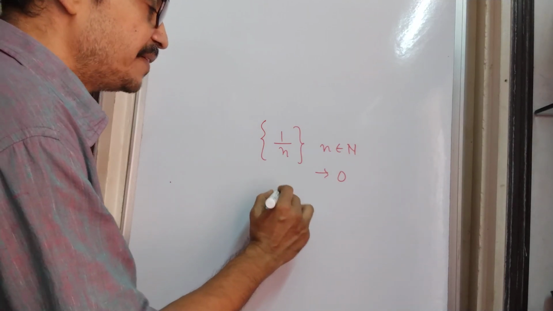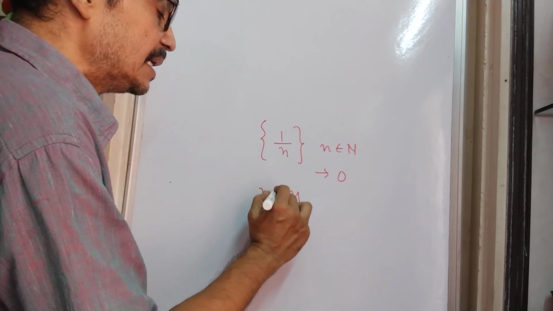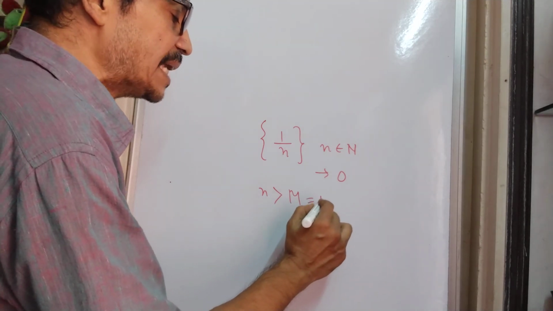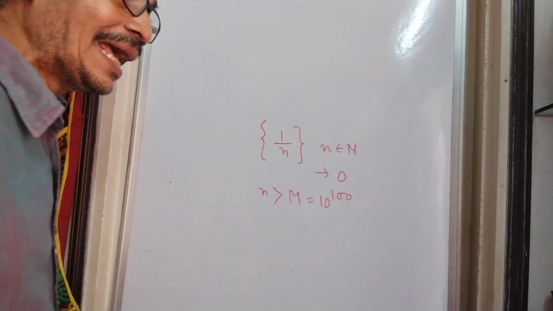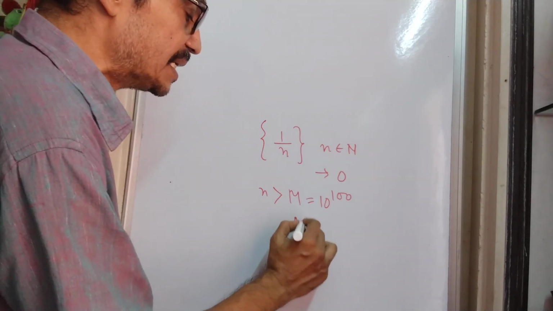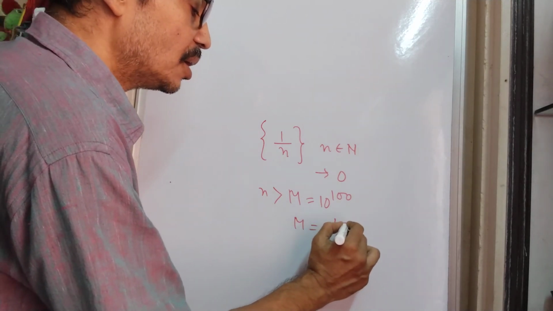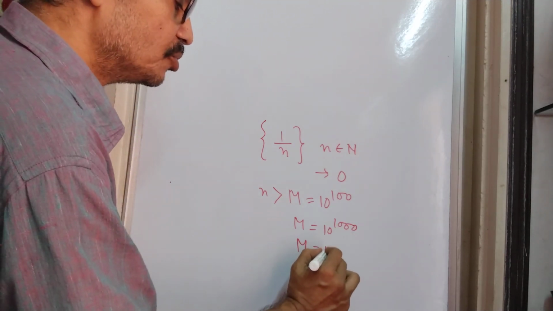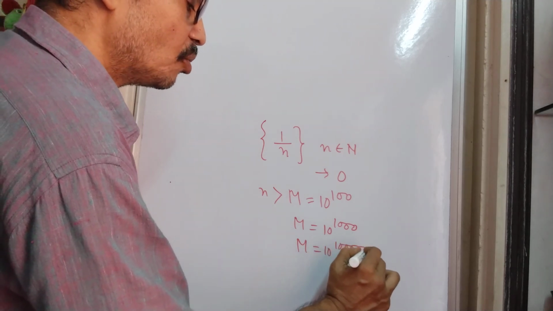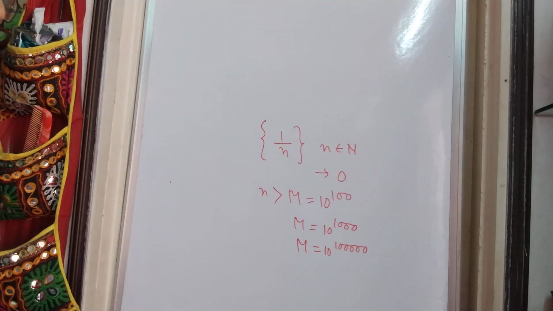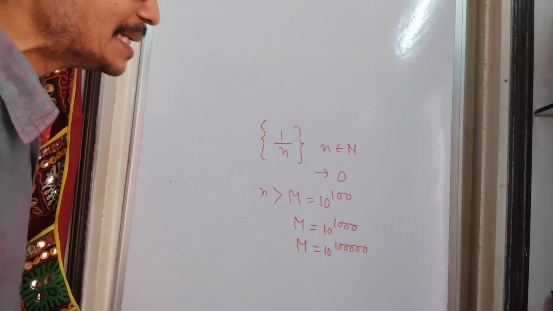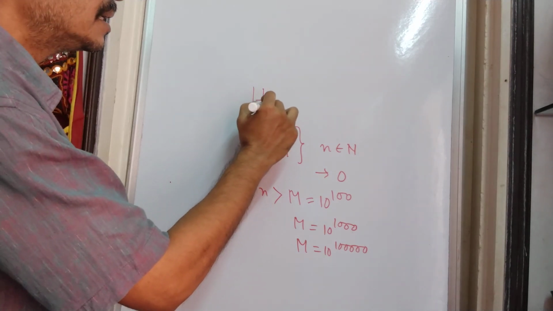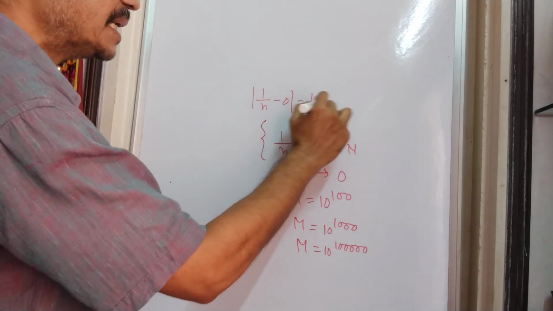And you can easily see that after a large value capital M, for all n which are larger than capital M, you may choose this M to be 10 to the power 100, and another person may choose this capital M to be 10 to the power 1000, and another person may choose this capital M to be 10 to the power 1 lakh. Whatever value of capital M you choose, you can easily see that the difference between 1 by n and 0, the mod value, is actually 1 by n.